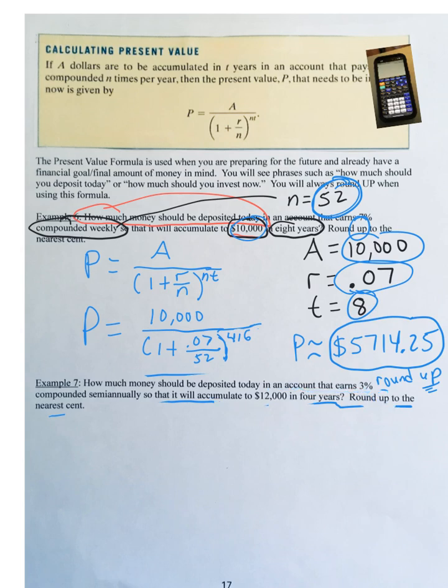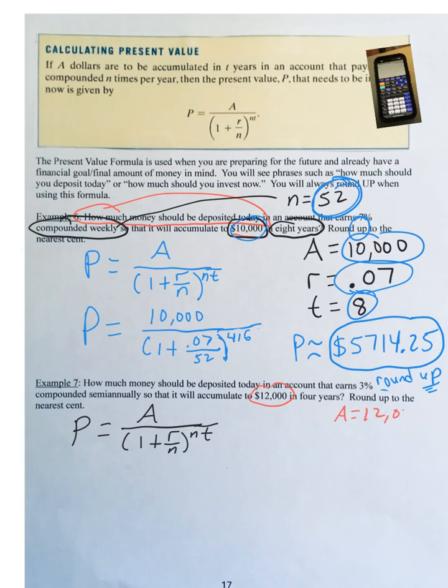Okay, so step 1, let's copy and paste the correct formula on down. Present value formula again, so P equals A divided by parentheses 1 plus R over N, close the parentheses, raised to the N times T power. Thinking about what to plug into the variables on the right side of the formula, the full amount A that you want, well, it says accumulate to $12,000.